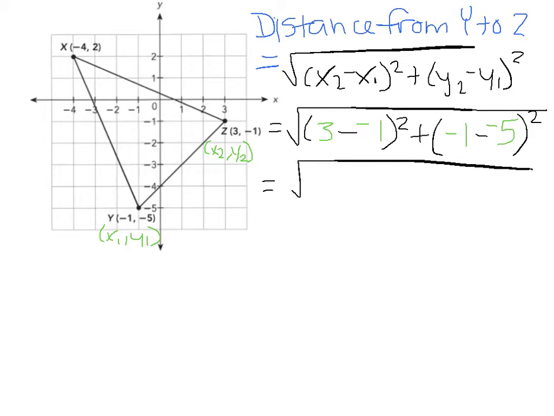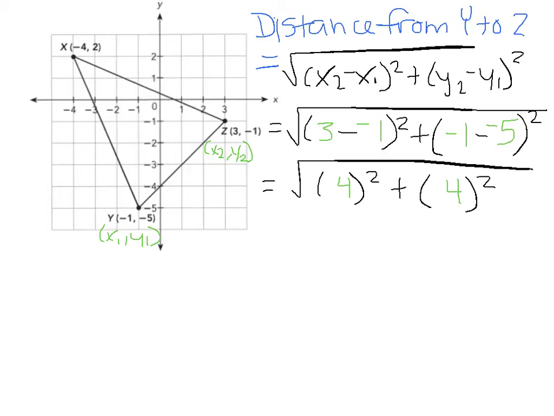Now I need to simplify what's inside of my parentheses. So 3 minus -1 gives me 4, and -1 minus -5 gives me 4.